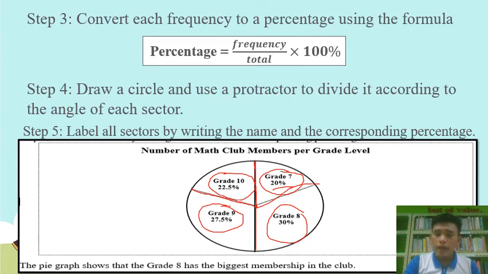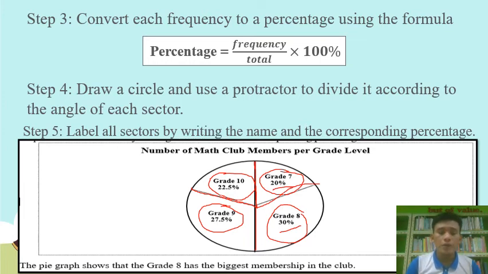By using the frequency, how many members of grade 7, divide by the total number, which is 80, times 100. So, that will make it into 20%. Same as grade 8, total number of members of grade 8 divided by the total, which is 80, times 100. That will make it into 30%. Same as grade 9 and grade 10.